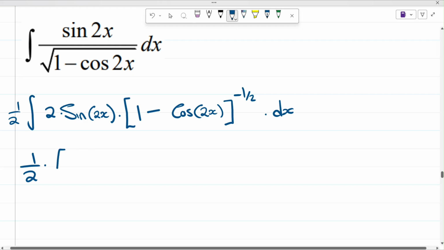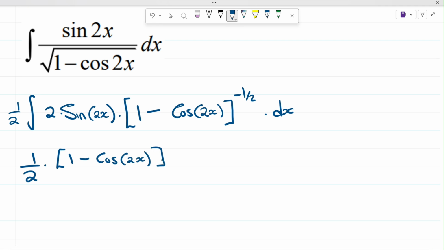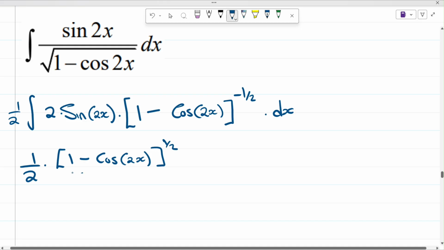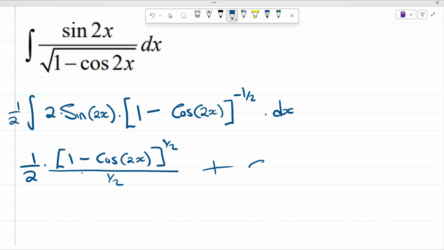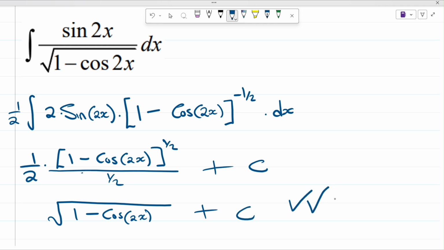We're going to have 1 minus cos of 2x to the power negative half plus 1, that becomes positive half, divided by a half, and then plus c, and then the 2 and 2 are going to cancel out, and we will end up with just the square root of 1 minus cos of 2x plus c. Then ta-da, you have your answer there.